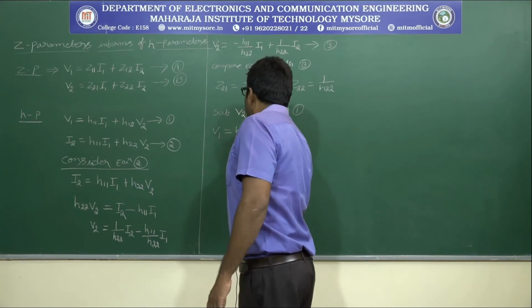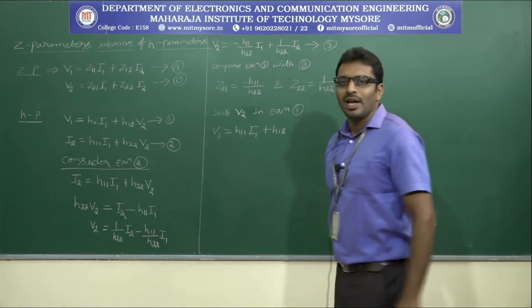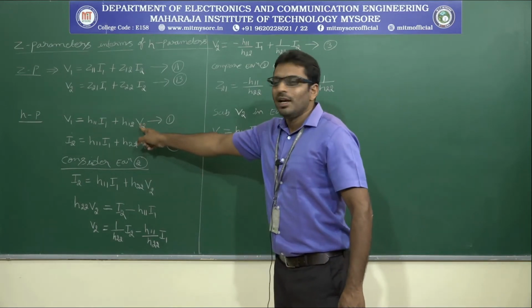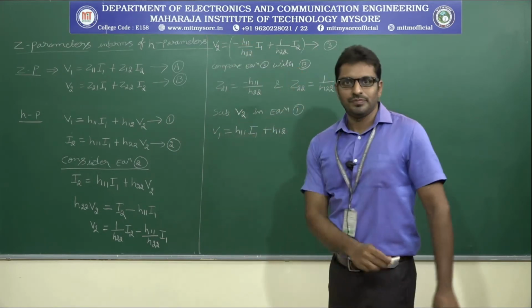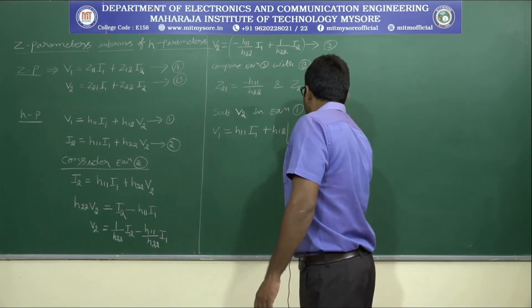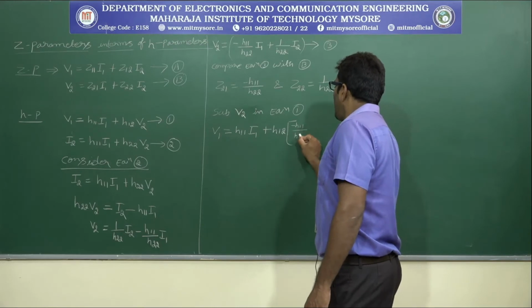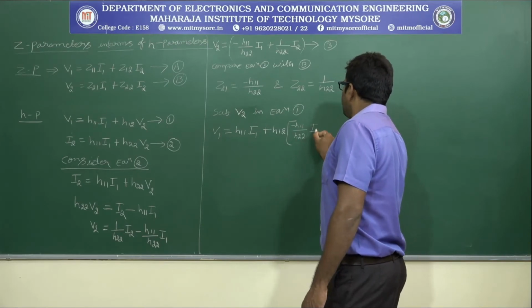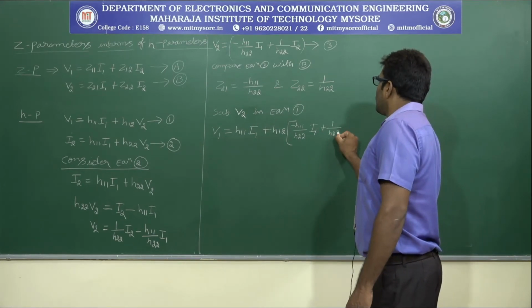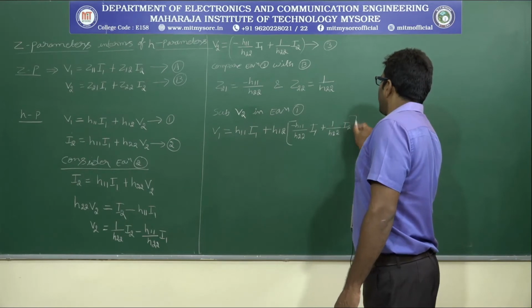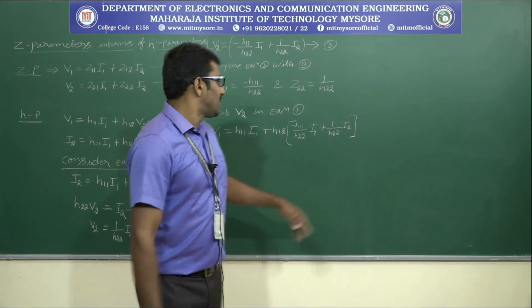So what is that equation 1? V1 is equal to H11 I1 plus H12 into V2, right? What is V2? V2 is equal to this term. So in place of V2, what can we write? Minus H21 divided by H22 I1 plus 1 by H22 I2. This is nothing but V2. Now just simplify this equation.